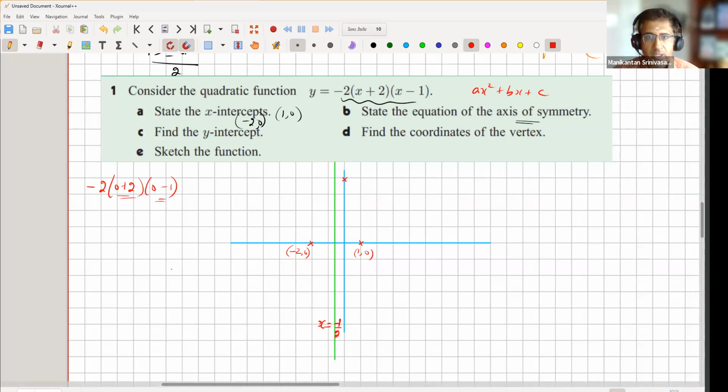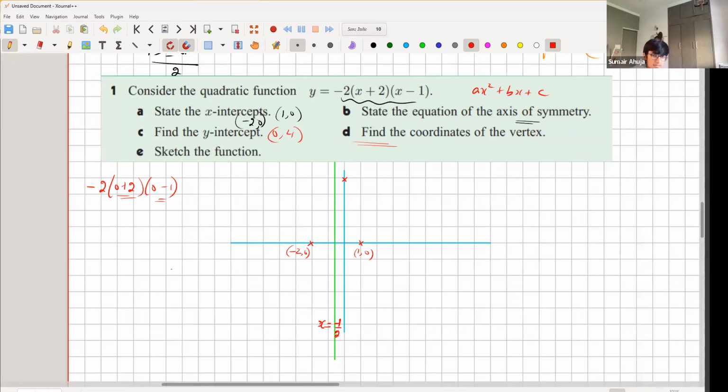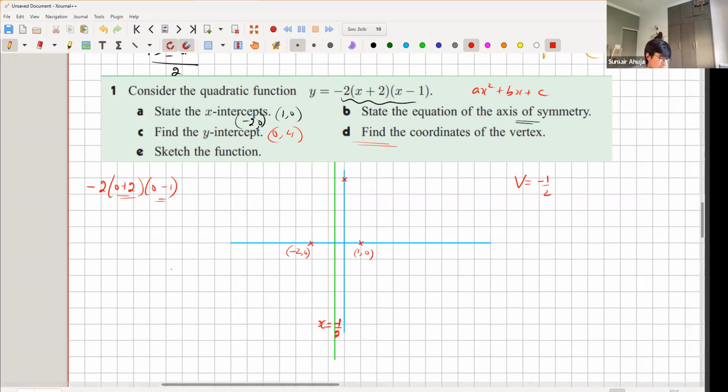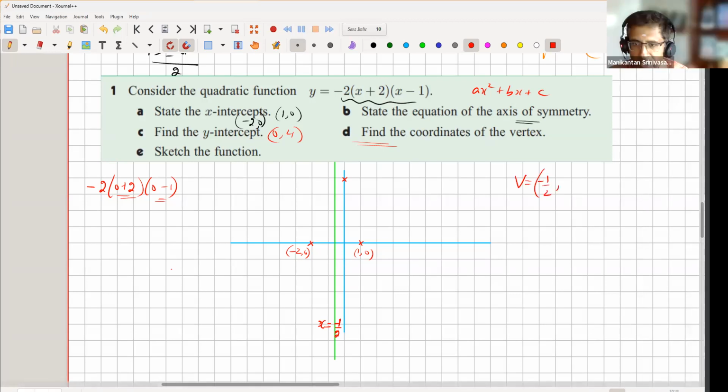Okay, and coordinates of the vertex. Sumer, coordinates of the vertex. So I'm just using the minus D by 4a. Yeah, that's correct. So I'm getting 34 by 16.